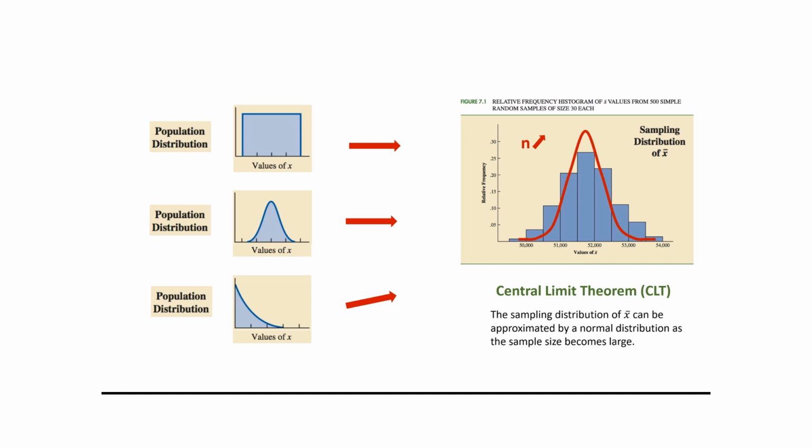So the last thing we want to do is look at the results from a simple Excel simulation to further demonstrate that the sampling distribution of X bar can be approximated by a normal distribution as the sample size becomes large, no matter what the distribution of the population we draw the samples from is.